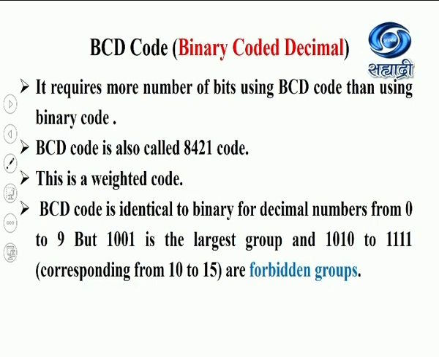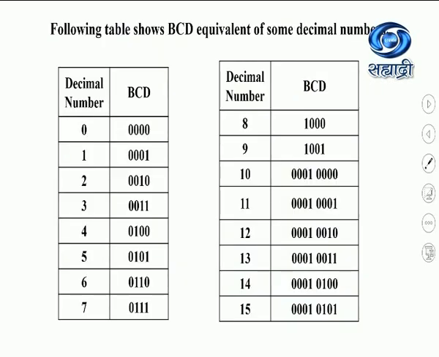BCD code is identical to binary for decimal numbers from 0 to 9, but 1001 is the largest group and 1010 to 1111 corresponding to 10 to 15 are forbidden groups. Following table shows BCD equivalent of some decimal numbers.